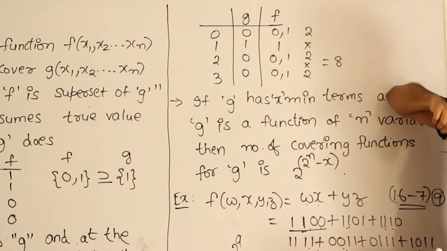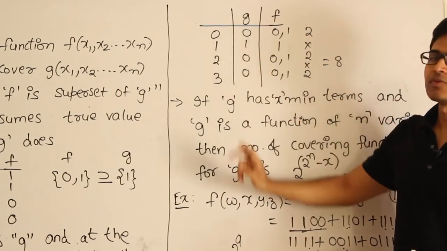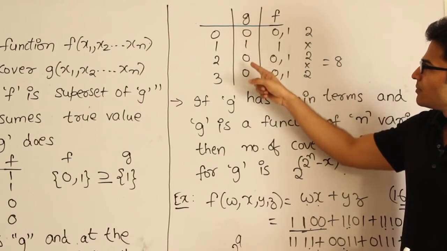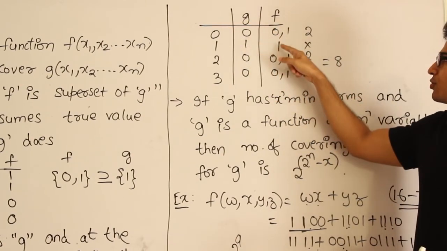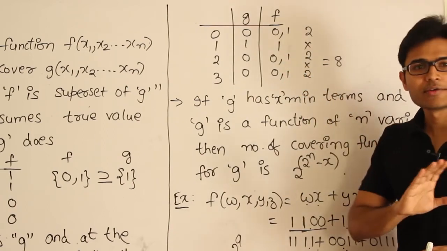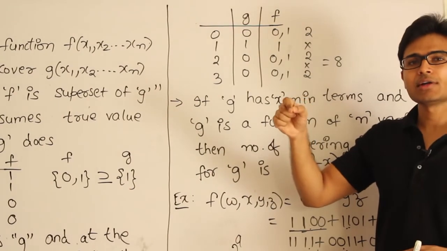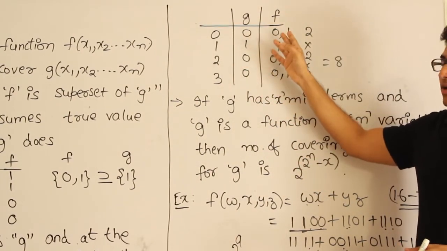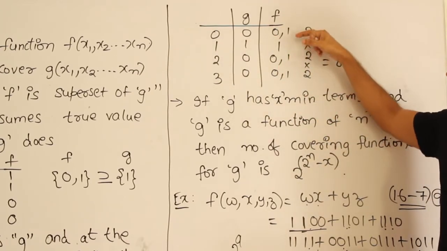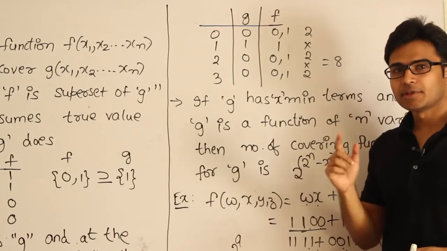Therefore, 8 functions are possible. In general, to find the number of functions covering a given function, you find all the minterms of the given function, and in the covering function you put them all as ones, so we don't have any choice there. In the remaining minterms, which are not in g, the covering function could assume any two values. Therefore, it is 2 into 2 into so on, for the remaining minterms.